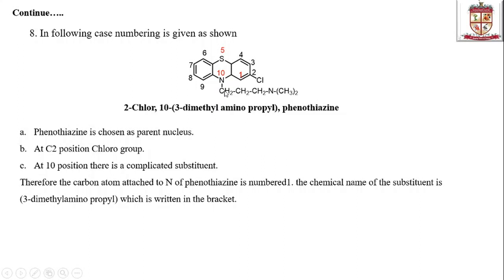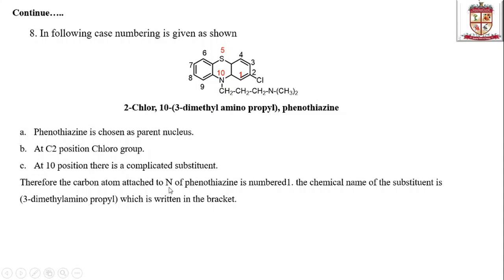The number 3 carbon contains the nitrogen of the dimethylamino group. Therefore the carbon atom attached to the nitrogen of phenothiazine is numbered 1, and the chemical name of the substitution is 3-dimethylaminopropyl.